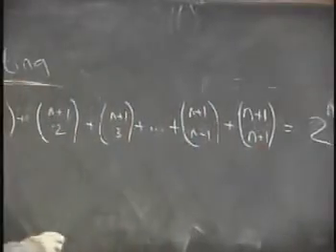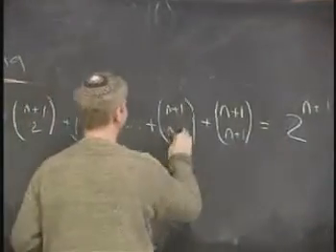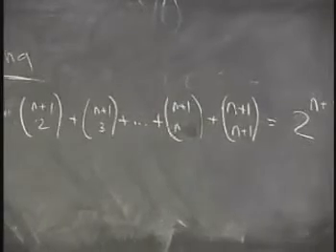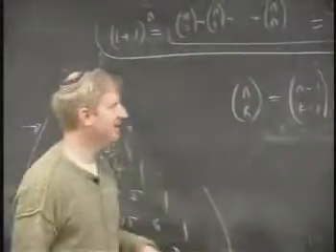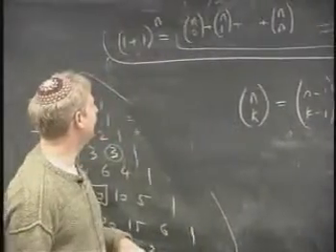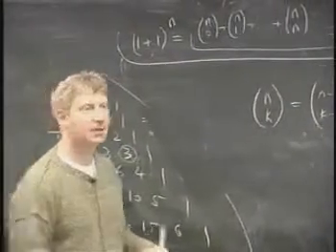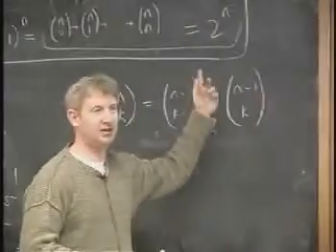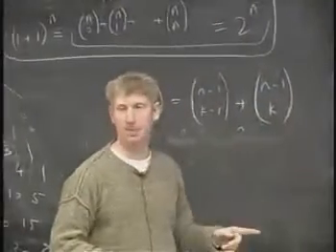Oh, and now I'm missing a term. There we go. The wonders of chalk. High tech. All right, what's next? We want to get from here to here, or from here back to here. Some connection between these two.